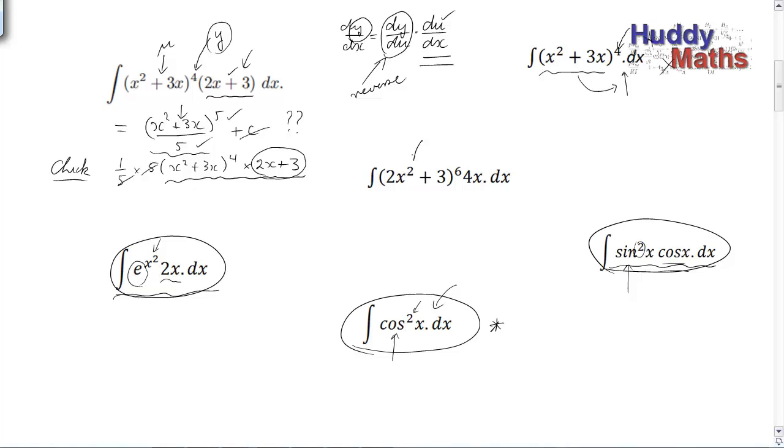Yeah, well, if we thought of that as u, and this as y as a function in u, this is du by dx. So we should be able to just handle this part and reverse it. So let's increase the power by 1 and divide by the new power plus c. Don't forget the c.